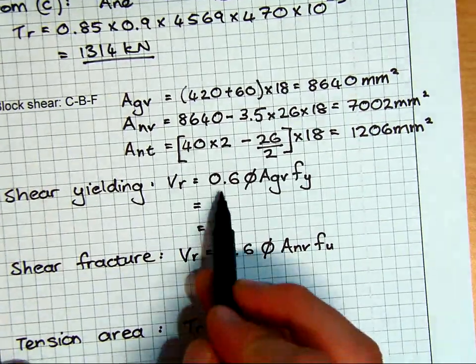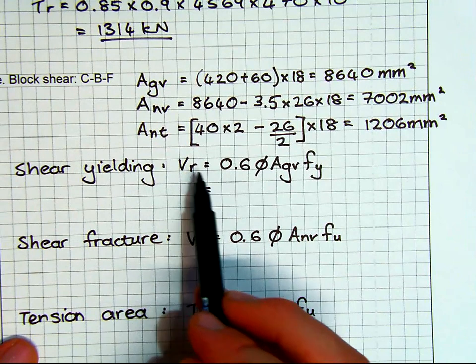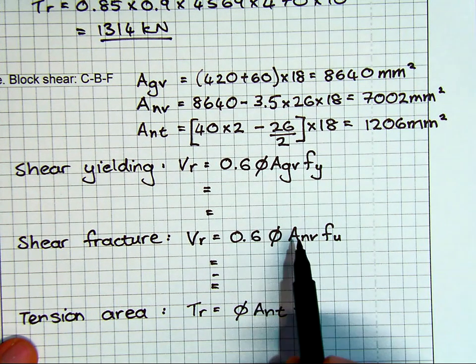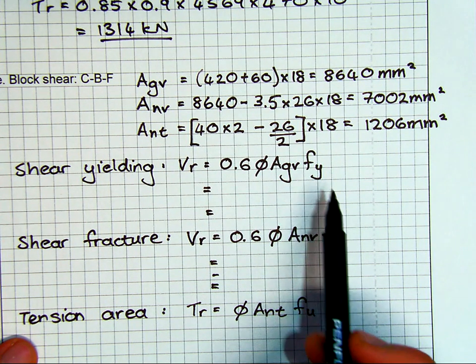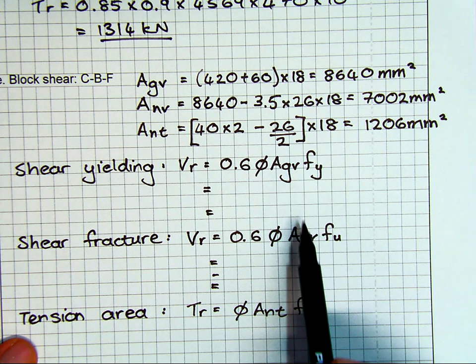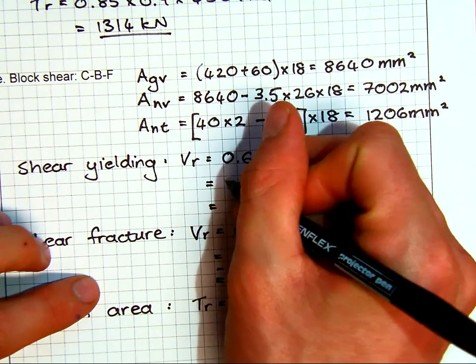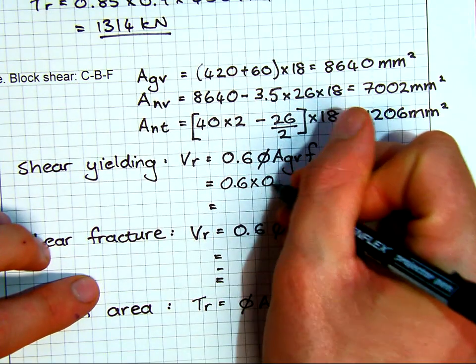Firstly, shear yielding, where the shear capacity is either the gross area at yield or the net area at ultimate, and this is when something's actually fractured. You take it right to the point of it fracturing or yielding, and use different areas. So I'm just going to plug in the numbers now.